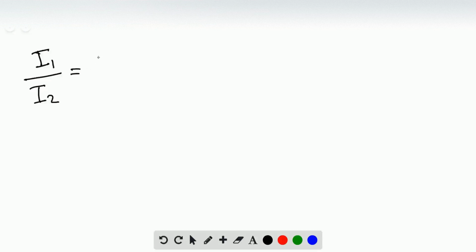The distance is inversely proportional, so R2 inverse squared. So you have inverse relation and a square term over there, so that means it should be R1.